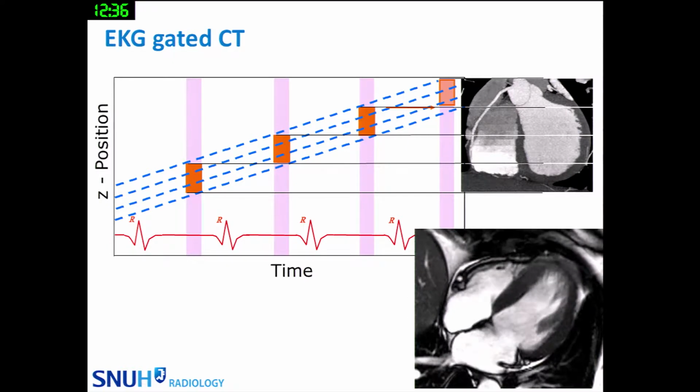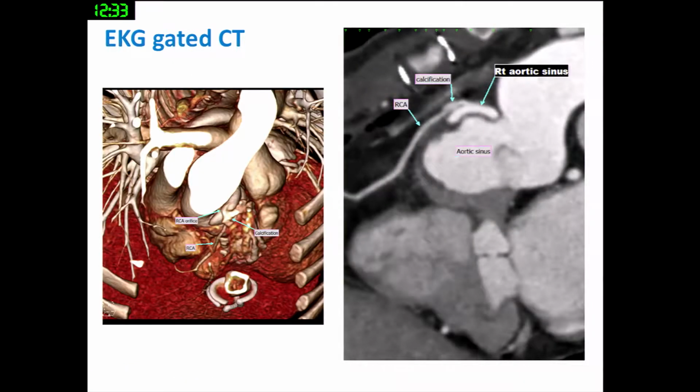That's EKG-gated CT. With EKG-gated CT, we can see very fine details of the coronary arteries and aortic root, and other structures like valves. This case was confusing to me because I found a very unusual space before the coronary artery os, but finally it was a thickened aortic valve touching the sinotubular junction, so the aortic sinus space is separated.